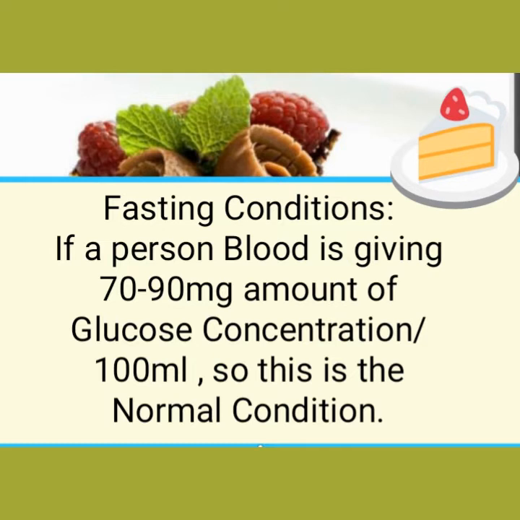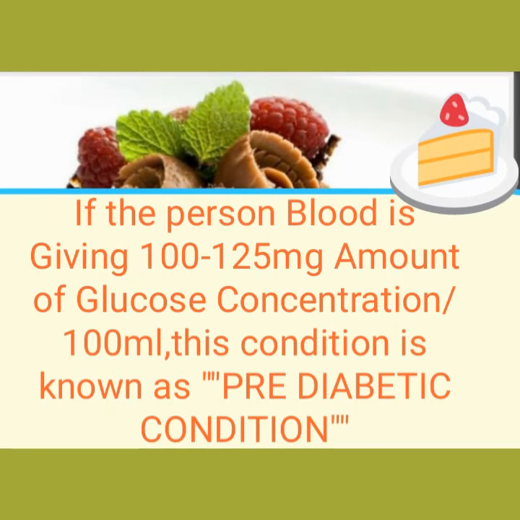If a person's blood is giving 70 to 90 milligram of glucose concentration per 100 ml, this is the normal condition. And if the person's blood is giving 100 to 125 milligram of glucose concentration per 100 ml, it will be diagnosed as the pre-diabetic condition.